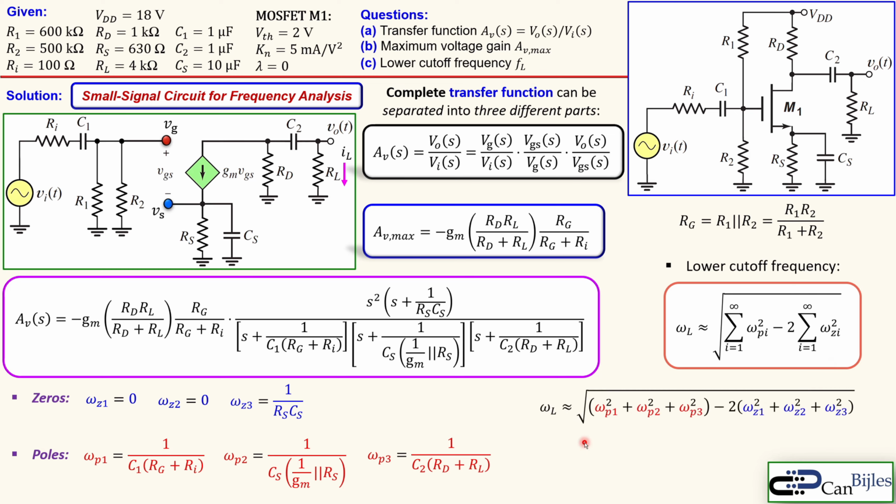Let's do that in more detailed form. So this is omega L, the lower cutoff frequency, which is the square root of omega P1 squared plus omega P2 squared plus omega P3 squared, taken in parentheses, minus 2 times omega Z1 squared, omega Z2 squared, omega Z3 squared. That's actually shown here. So if you know these, you have a nice approximate value for your lower cutoff frequency.